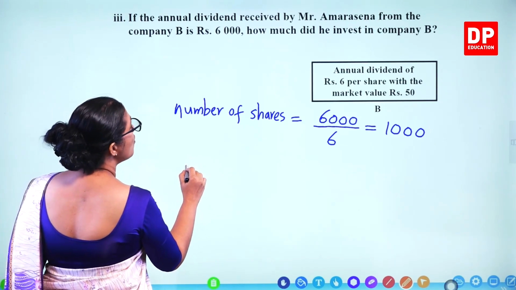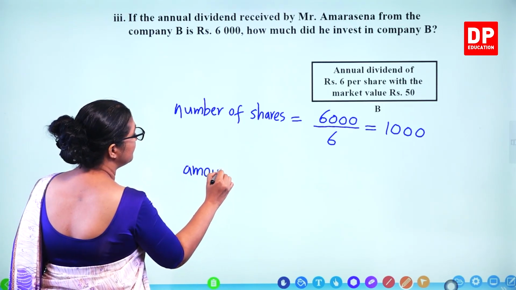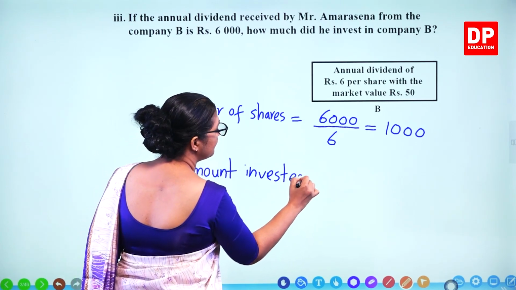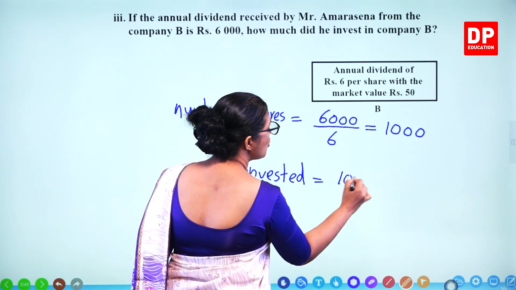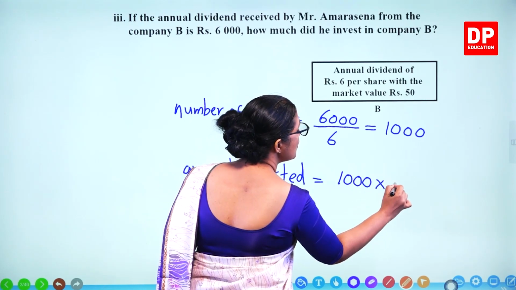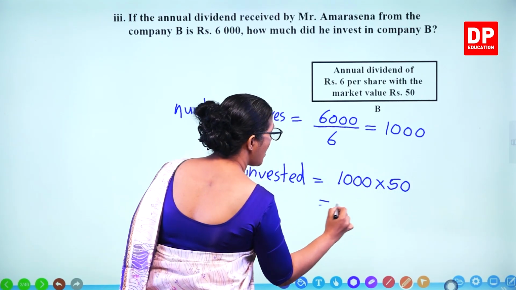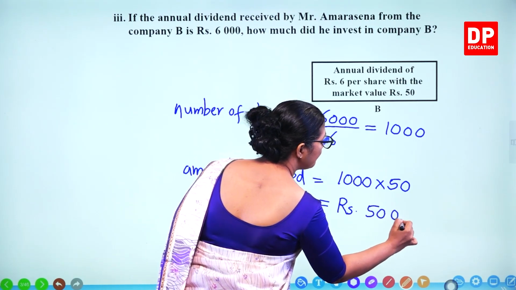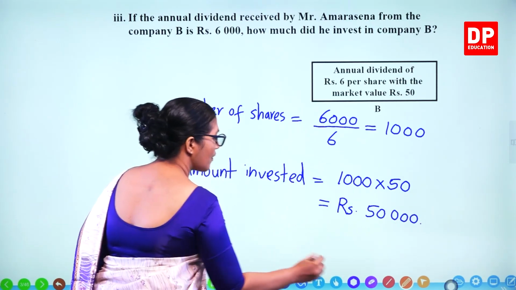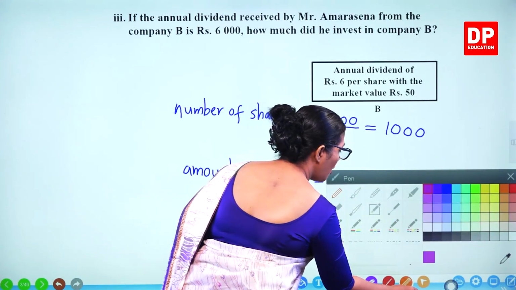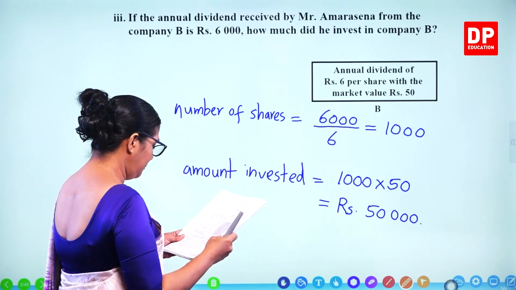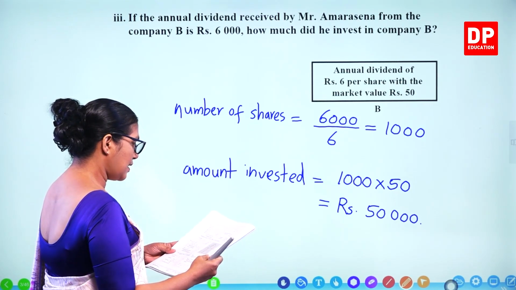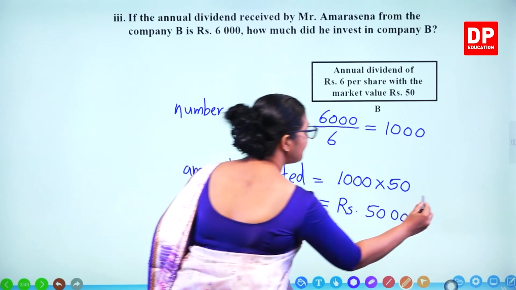So the amount invested, each one 50 rupees with 1,000 shares, 50,000 rupees. So how many marks for that step? Part 3, that's 2 marks.